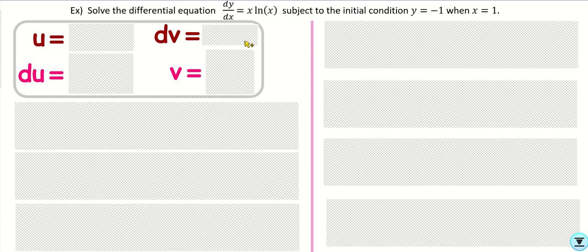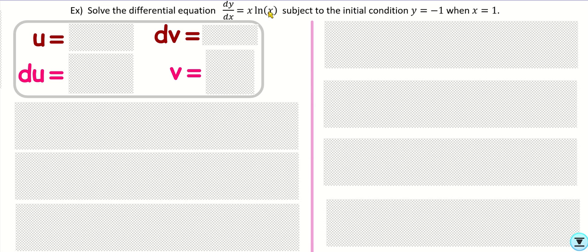Ready? Again, this is very important, and that's why we're definitely doing an example like this in our notes. I've said this already a couple times now, I'll say it again. Normally, you would let u equal the thing that you want to take the derivative of to make it simpler.